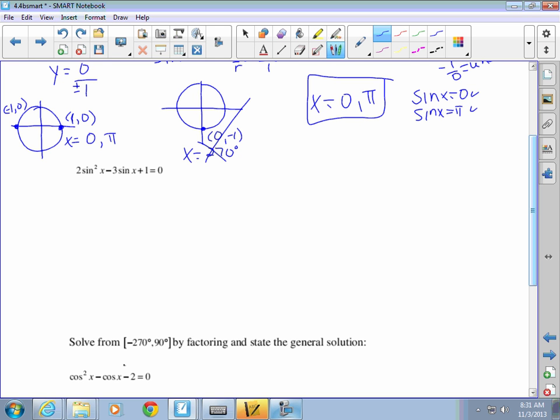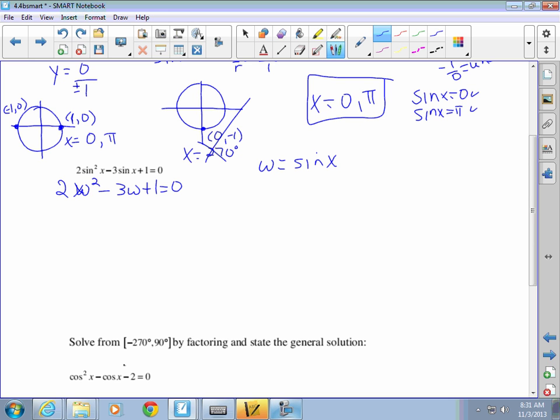Okay, the next one, 2 sine squared x minus 3 sine x plus 1 is equal to 0. So again, I'm going to say w is equal to sine of x. So I have 2w squared minus 3w plus 1 is equal to 0.